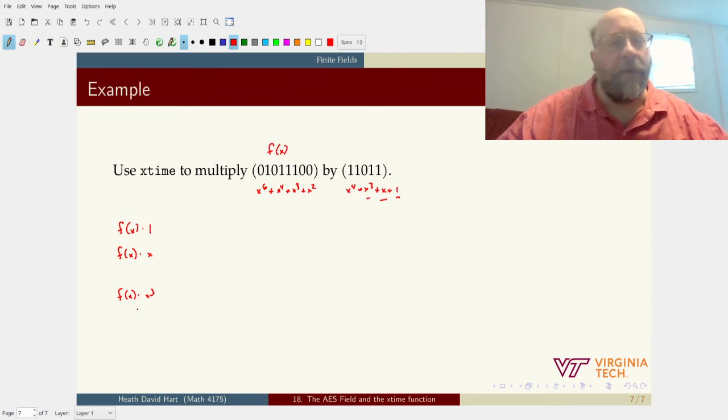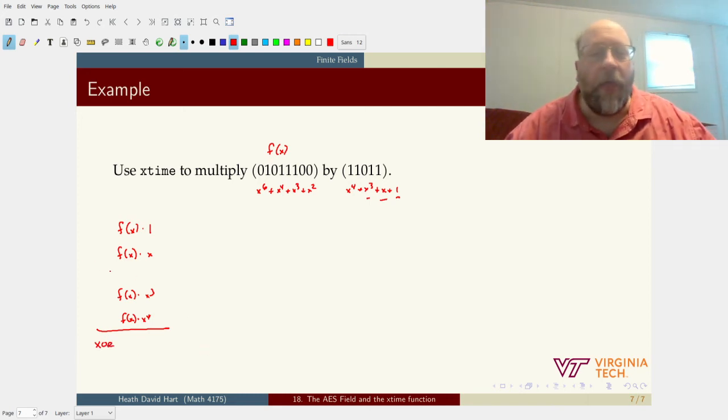And x to the 4th. If I can multiply this polynomial by each of these terms and then add them together, and remember adding is just the same as an XOR, then I will have the answer I want.